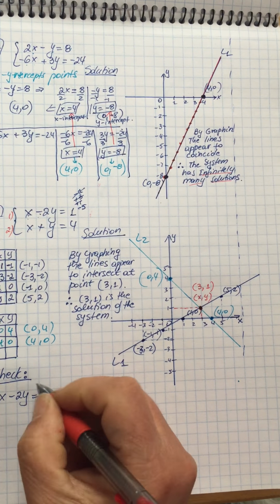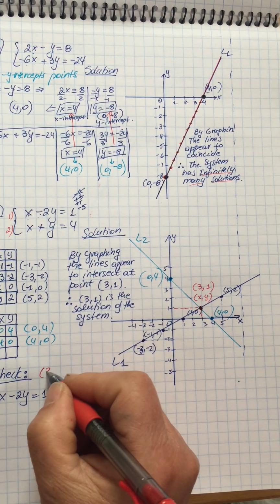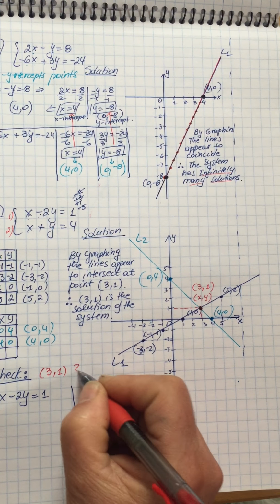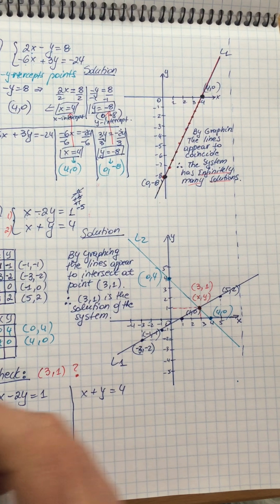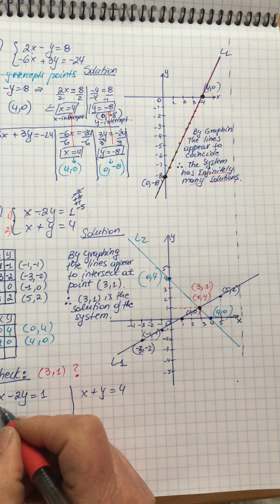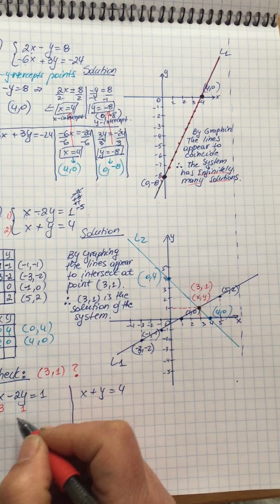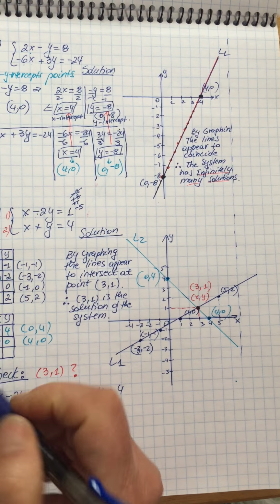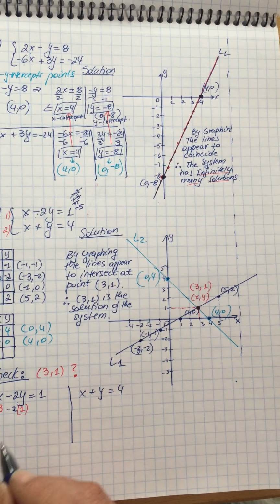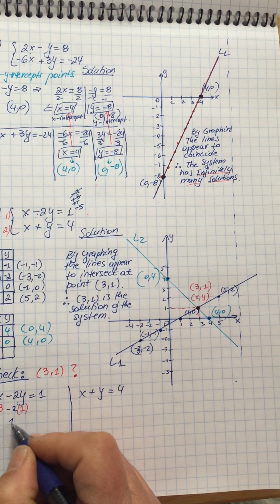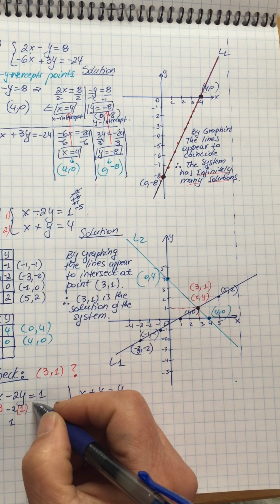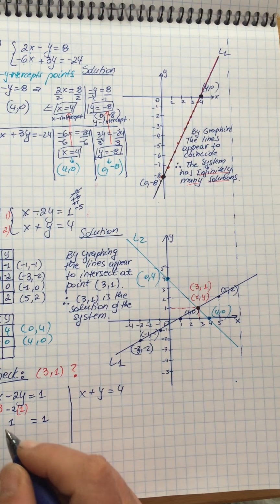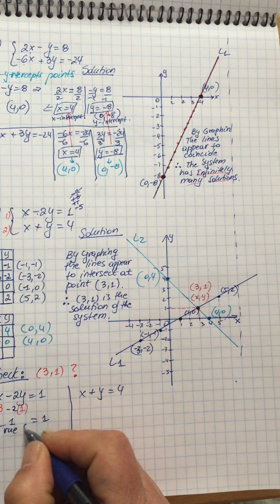I am declaring that 3, 1 is a solution. I have to check it. So what does this mean? I have to substitute x with 3 and y with 1. So I have 3 minus 2, and 3 minus 2 is 1. So I have 1 equal 1, true statement.